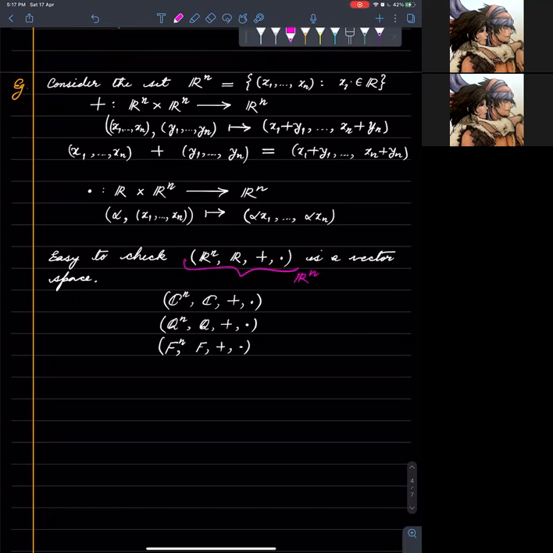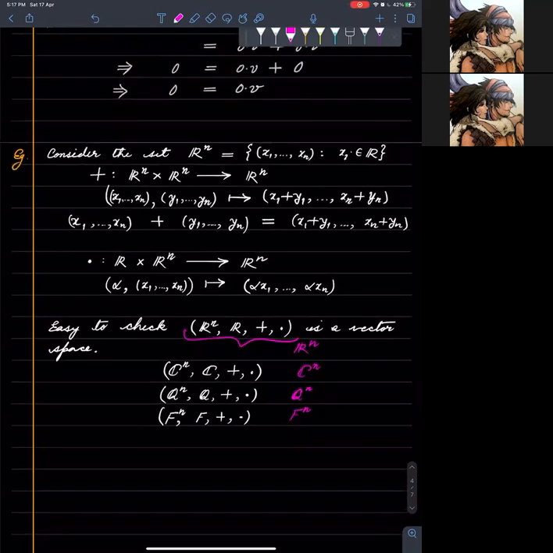And from the context, it will be clear when we are thinking of it as a vector space and when we are not. This, we just write Cn. For this, we just write Qn, and this, we just write Fn. So these are the most basic fundamental examples of vector spaces.